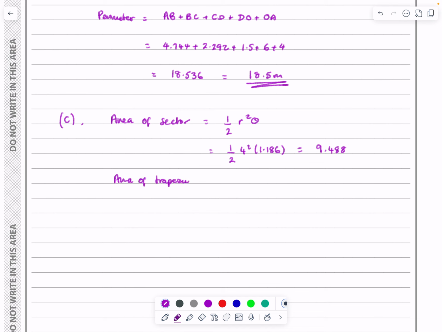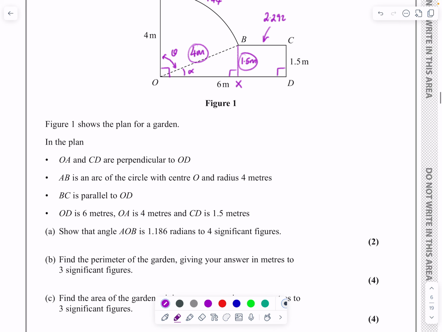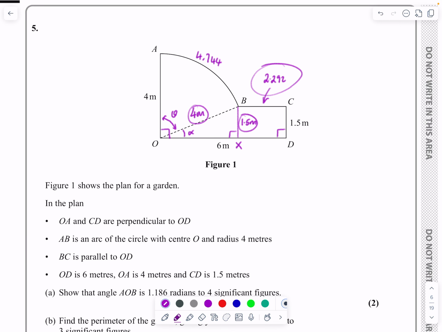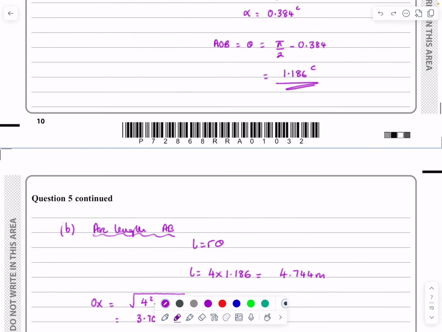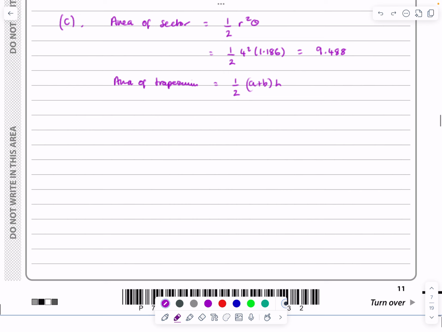Then area of a trapezium I'm doing this time. So the area of a trapezium would be half A plus B times H. Okay, so shouldn't need to explain to you IGCSE stuff, but that's where those values are going to come from.